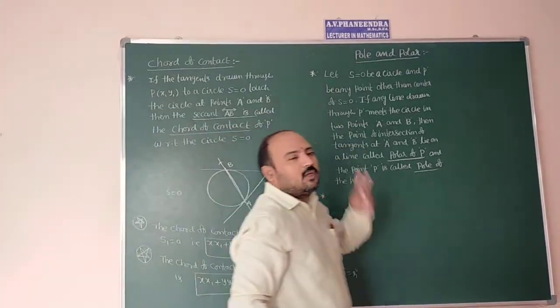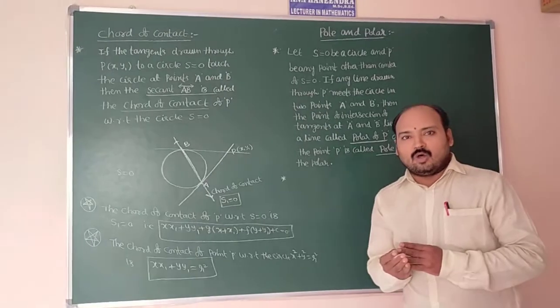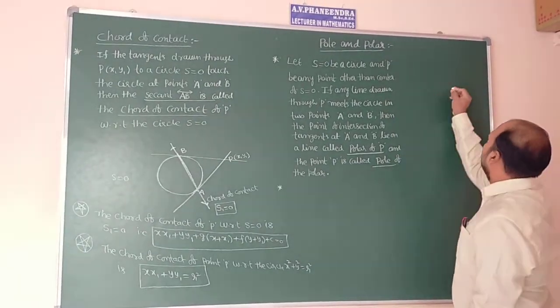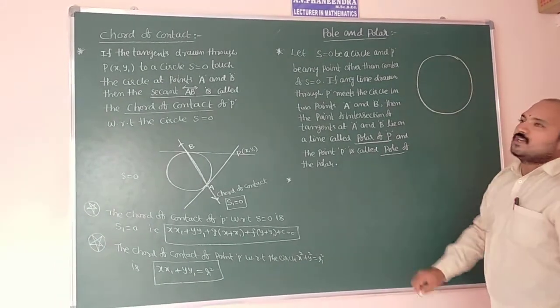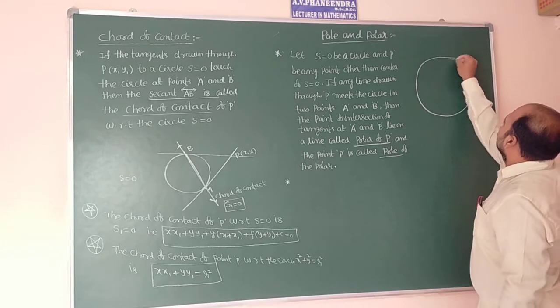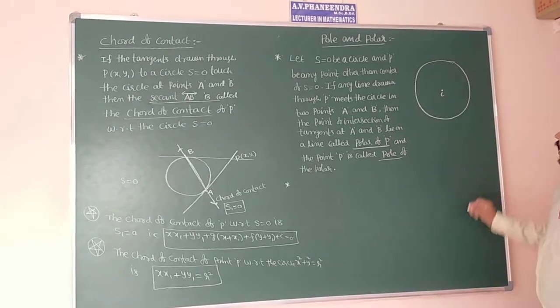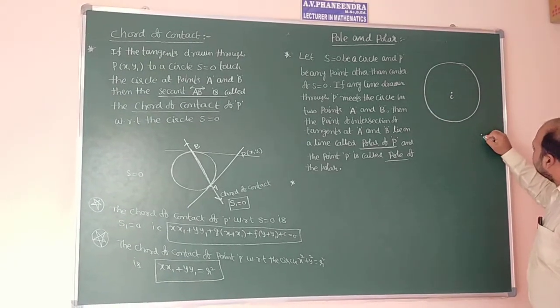Now come to the concept of pole and polar. What is the meaning of polar? What is the meaning of pole? First, you have to consider a circle S equal to 0 with center C, and here we take one external point.